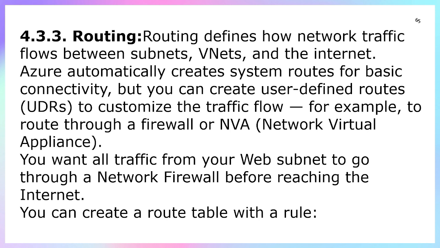So routing ensures that data takes the correct road to reach the right destination. This is the simple and very understandable definition of routing. Once again, routing is the way by which we ensure that the data takes the correct road to reach the right destination, right?